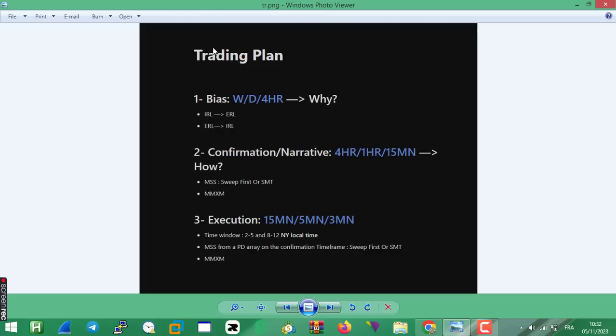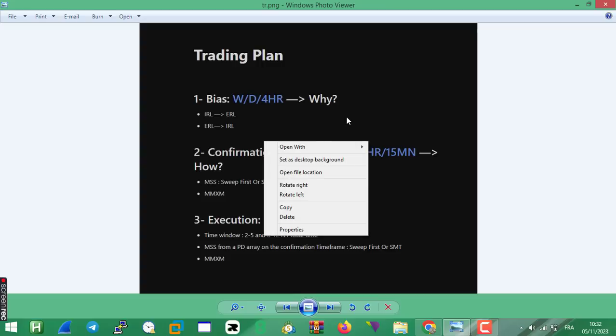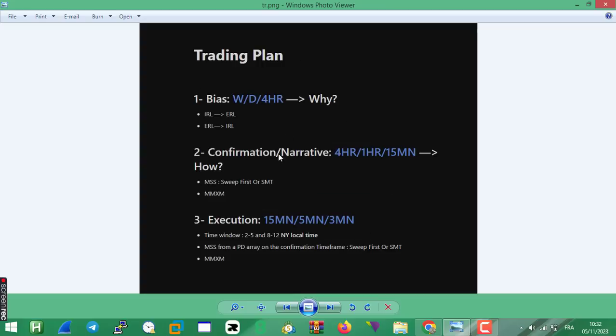The trading plan has a high win rate, but the human errors will hinder that win rate and you will not reach its full potential in the first month or even 2 months of trading this strategy. But if you keep practicing, maybe for 4 or 5 months, you will see a really high win rate with this.